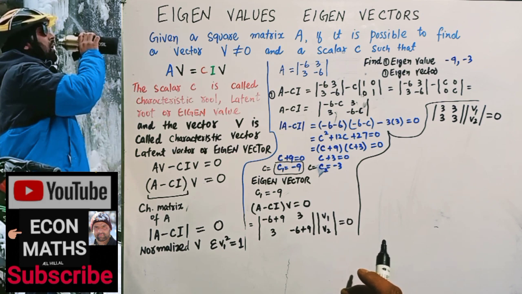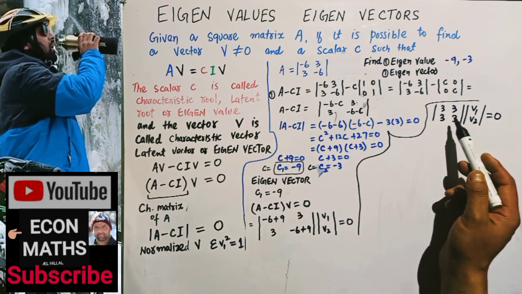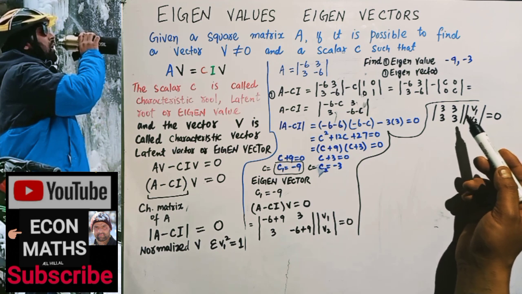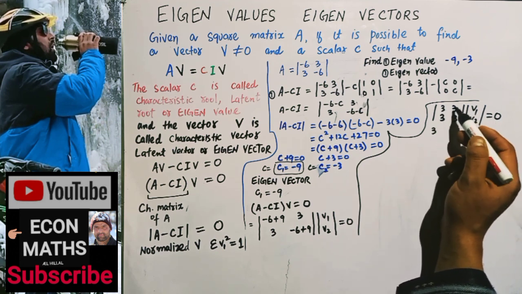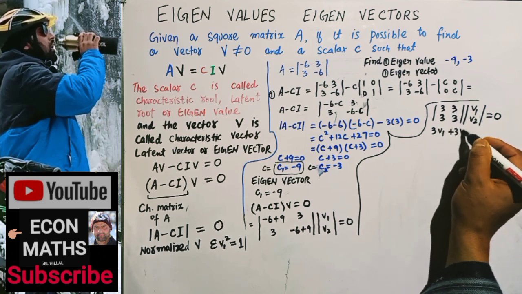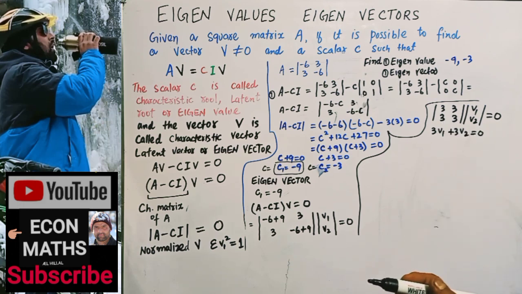Since the coefficient matrix is linearly dependent here, it is capable of infinite number of solutions. So the product of the matrix gives us two equations which are identical. That is, if I multiply this matrix with this column vector, I will get 3v1 plus 3v2 equal to 0. Again, we will get the same two identical equations.